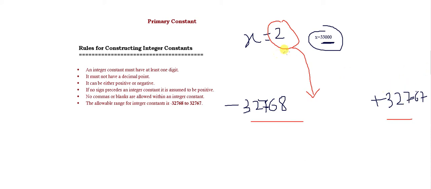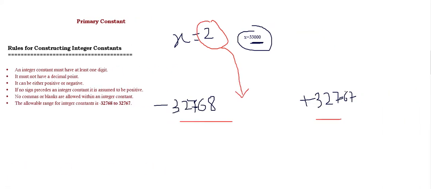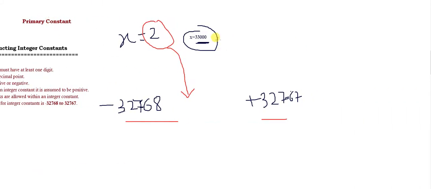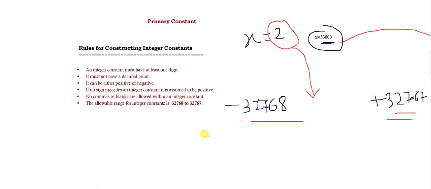It comes after 32,767, so it's not in this range. That's why this number is not allowed. So that's the rule of the integer. You should keep this range in mind. This is a very famous interview question, and it's used in real life scenarios and projects.